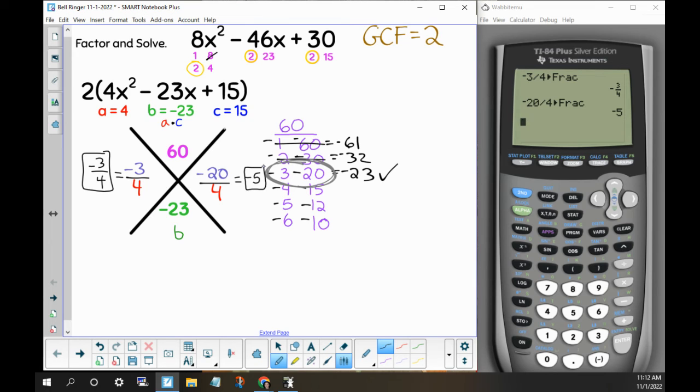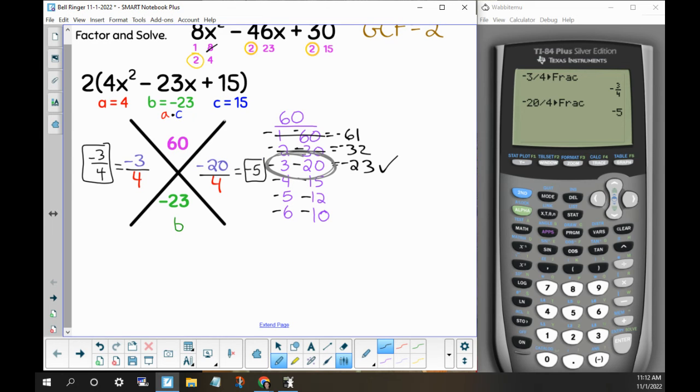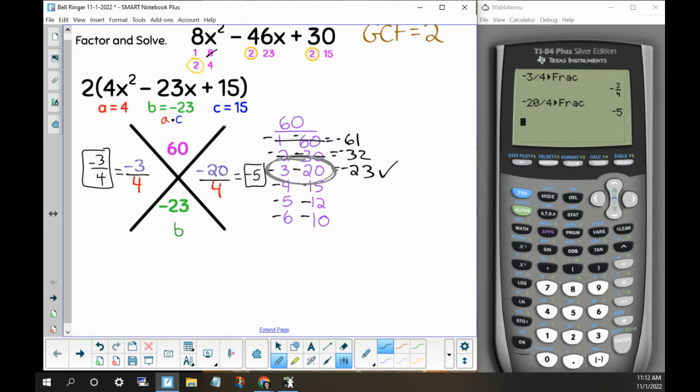All right, so when we factor this, let's do this in blue, we have our GCF, which is 2. Now for the factor part of this, we have x minus 3 over 4, and we have x minus 5. Can we leave this as a fraction?